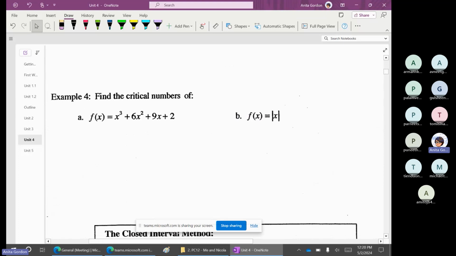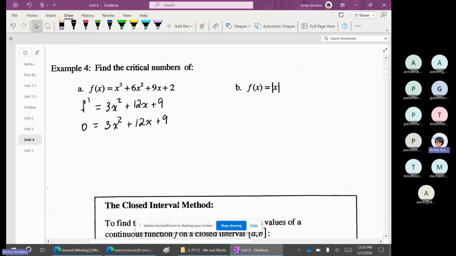Find the critical numbers of the following equations. So let's find the derivative first. This is going to be 3x squared plus 12x plus 9. Critical points occur when the derivative is 0. So we need to factor and essentially find the zeros, right?